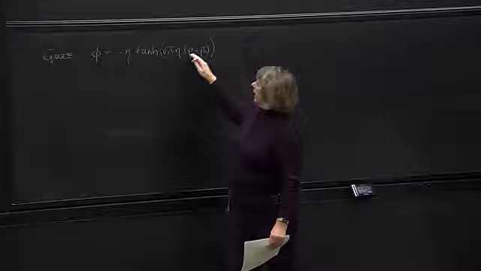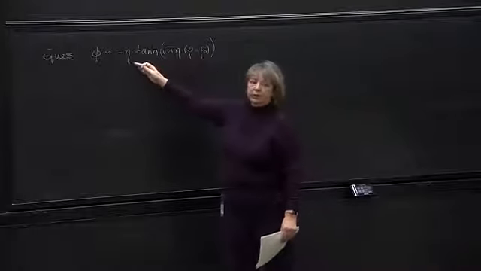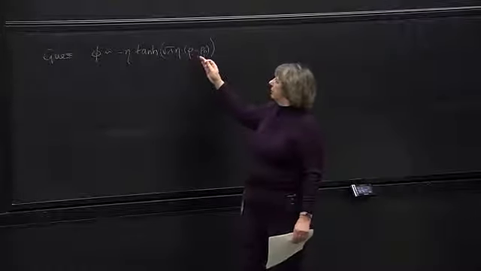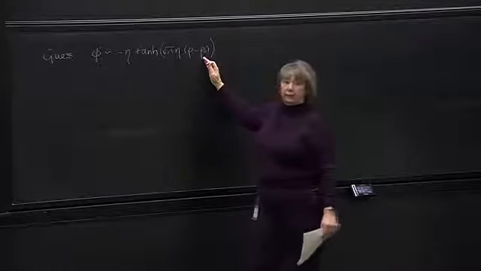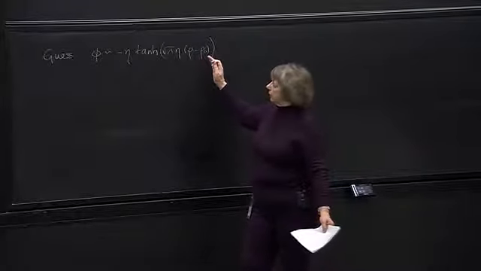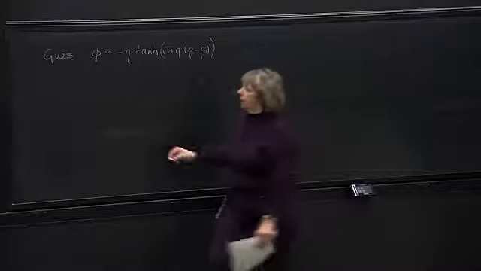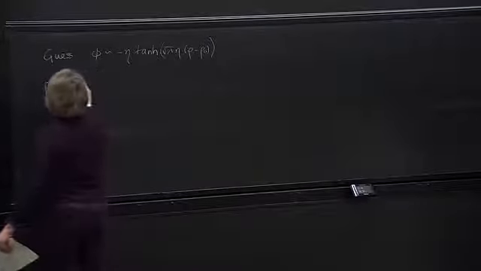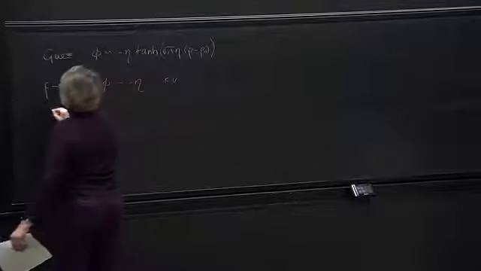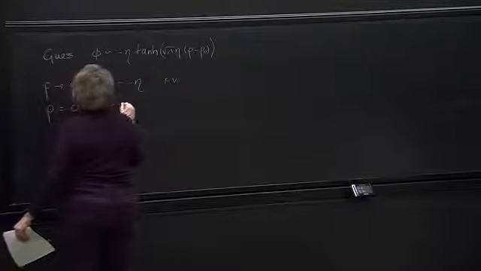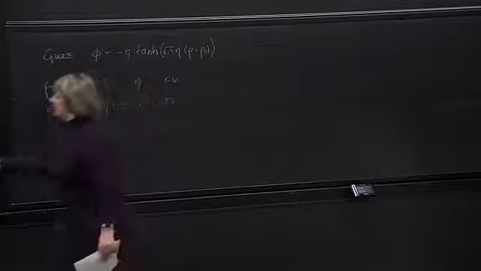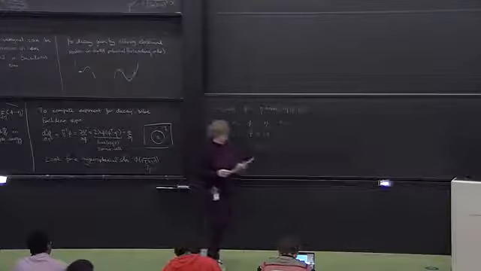But if you look at very large rho, phi goes to minus eta, which is the false vacuum. At rho equals 0, as long as this little rho naught is sufficiently large, then at the origin, phi is close to the true vacuum. So that is indeed what corresponds to that picture.